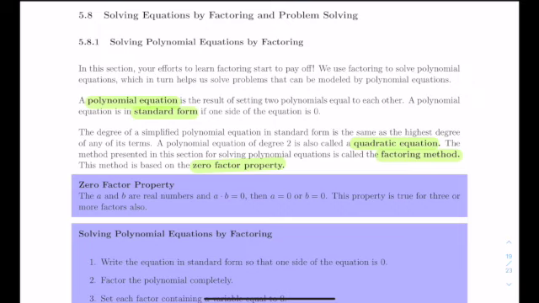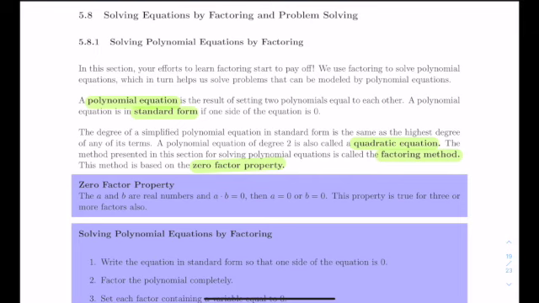So what this property says is that if one of my terms is 0, when I multiply, I end up with 0. That's the only way we can get to 0 with multiplication. One of our terms has to be 0. This property is true for 3 or more factors as well.